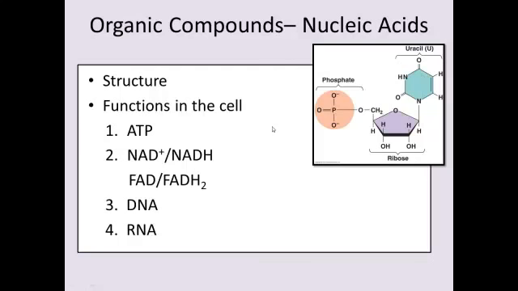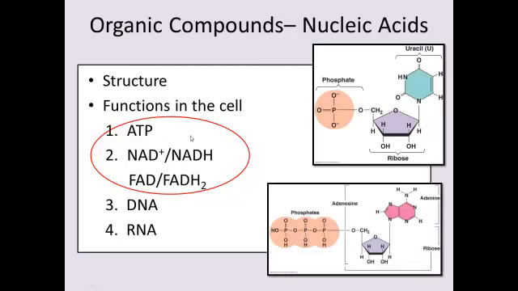Now let's talk about the functions of the nucleic acids and nucleotides within the cell. These 3 groups, ATP, NAD+ and its other form, NADH, FAD, FADH2, are involved in energy transfer within the cell. You've probably heard of ATP, so let's look at ATP. Here is ATP.